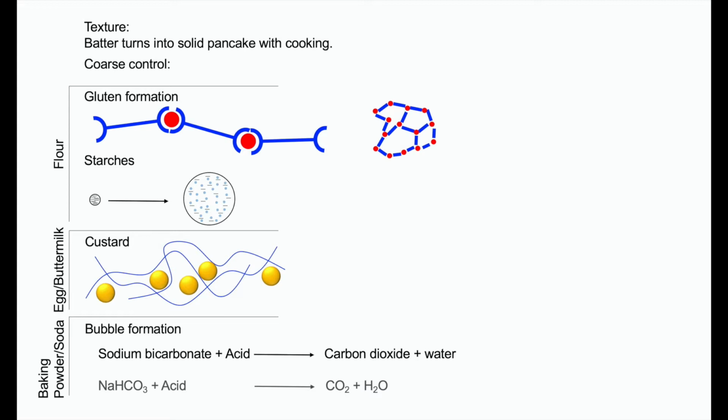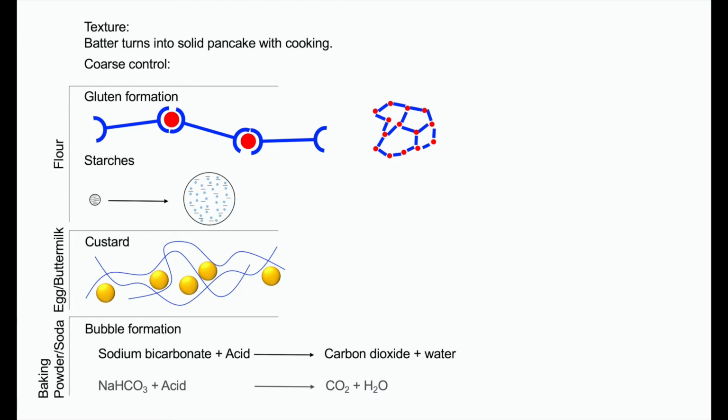For many of you, most of you are aware of gluten formation. So we have some gluten formation going on that is going to help hold our batter together, and give our pancakes its characteristic chew, if you want to call it that, right? So the way that gluten comes together is really important for how we experience our pancake later on.